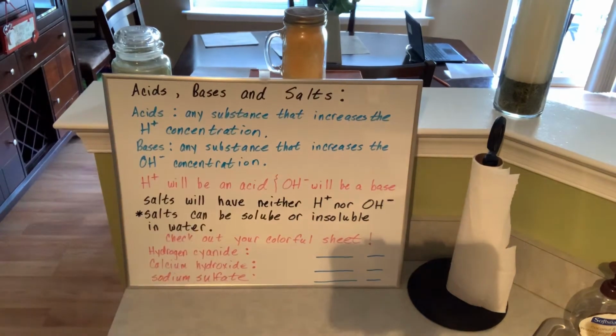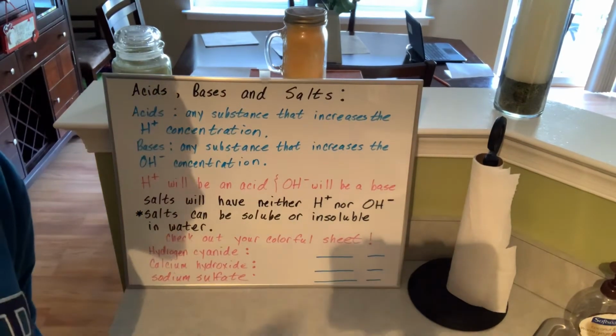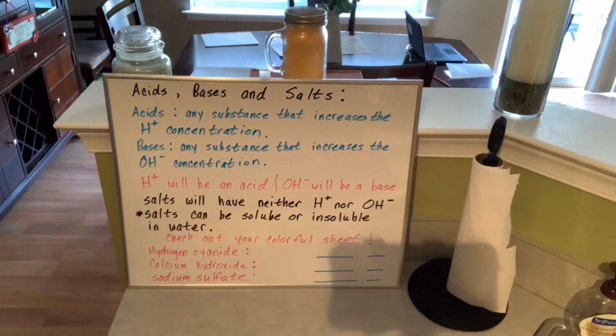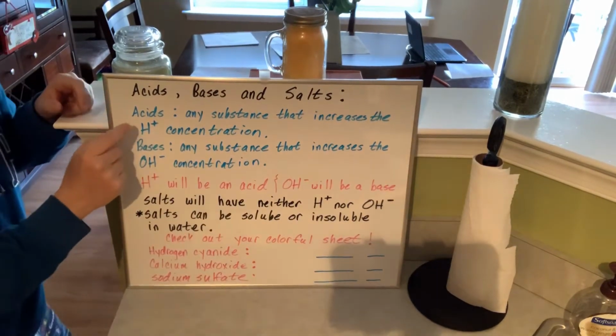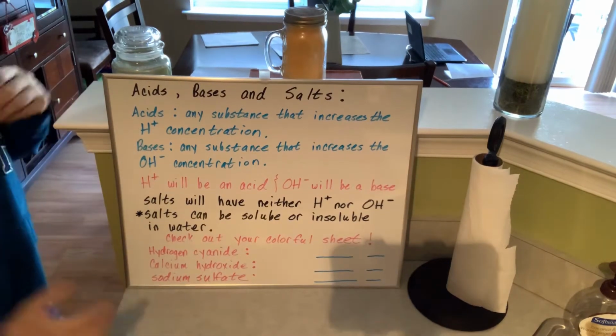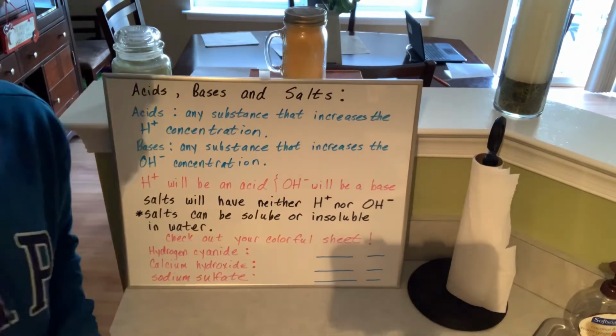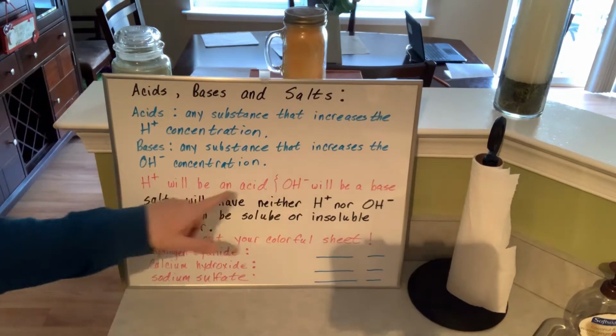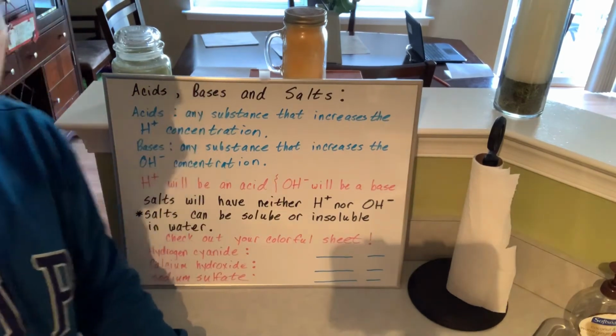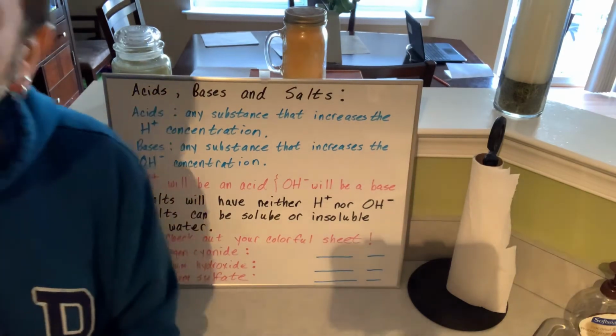Now here's basically how they work. An acid is going to be any substance that increases the H plus concentration. So just to put it into layman's terms, if H plus is in the substance, that substance will be an acid. Okay? Now there's strong acids and weak acids.